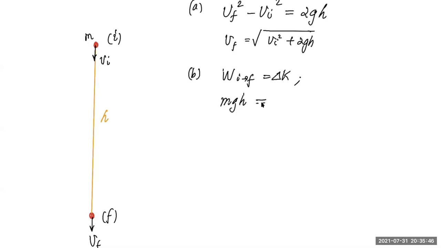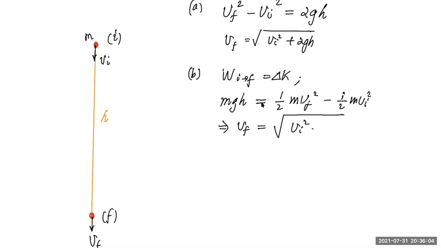And that equals the change in kinetic energy from initial to final. So that's 1/2 m v final squared minus 1/2 m v initial squared. And you come up with the same answer. V final equals the square root of v initial squared plus 2gh. Okay, the masses cancel out.